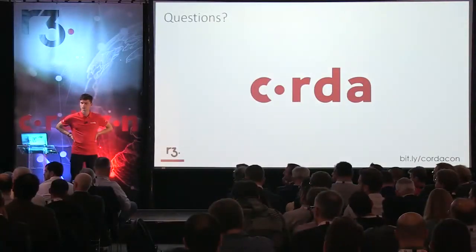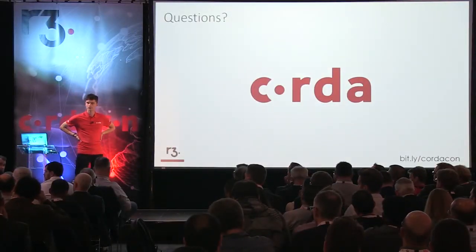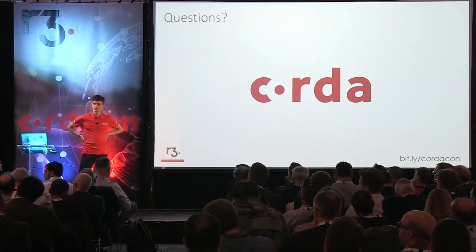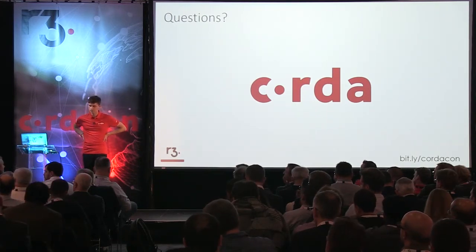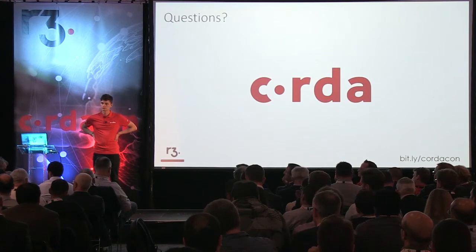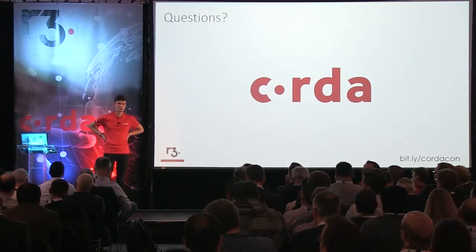Over there? Slightly related to DDoS, but how do you make sure that your notary node does not become a single point of failure, regardless of DDoS or basically crashes? Because Raft has a whole election mechanism, right? But you don't necessarily use that. So the question was, how do we make sure that a notary service doesn't become a single point of failure?